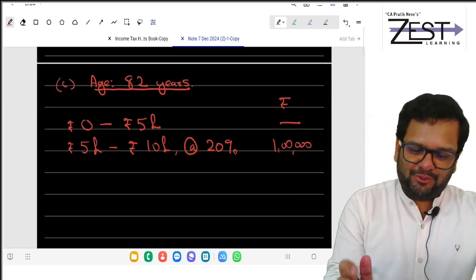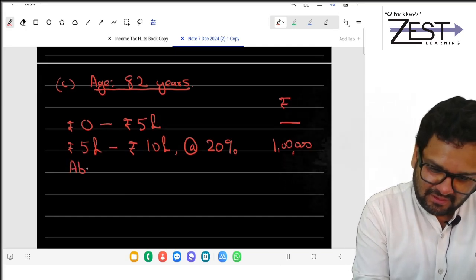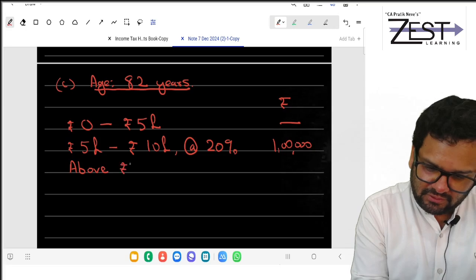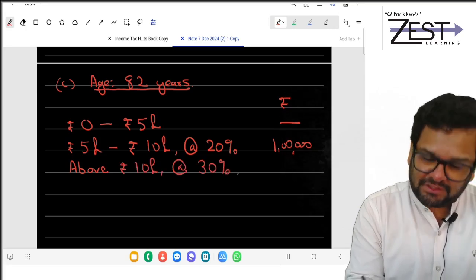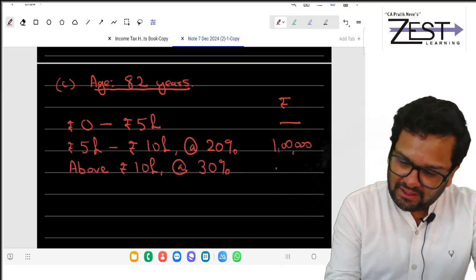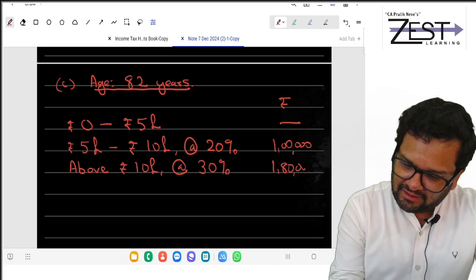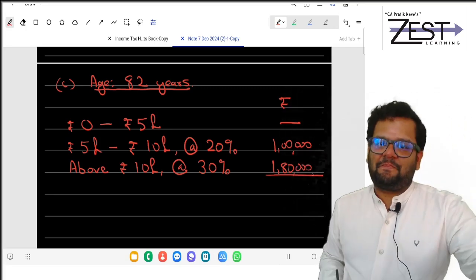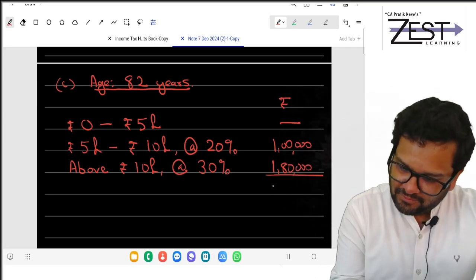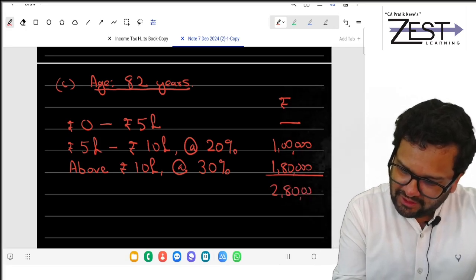Now I should not explain to you. And above 10 lakh, 30%, 1 lakh 80,000. 2 lakh 80,000 is total.